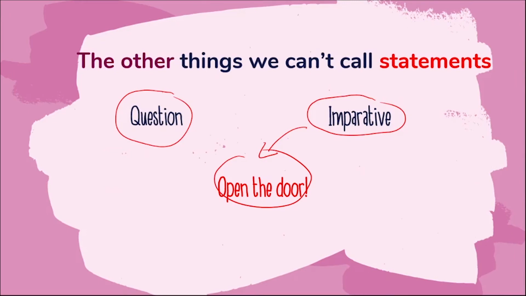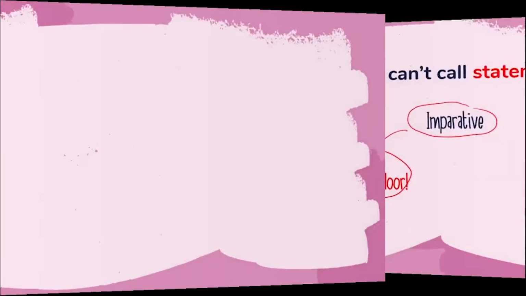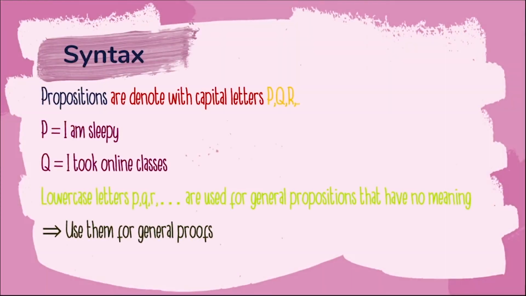Next is the syntax of propositional logic. I've used the word propositions here. Propositions and statements are very closely related. A statement is usually a very specific instance, while a proposition just captures the general idea of a statement. But for this course, the distinction really doesn't matter.